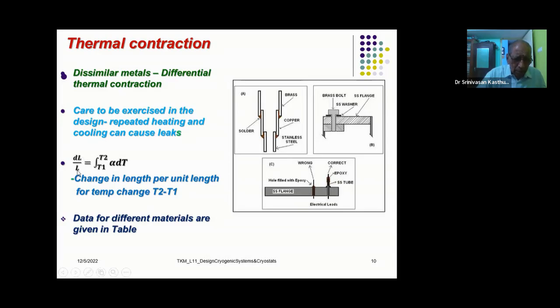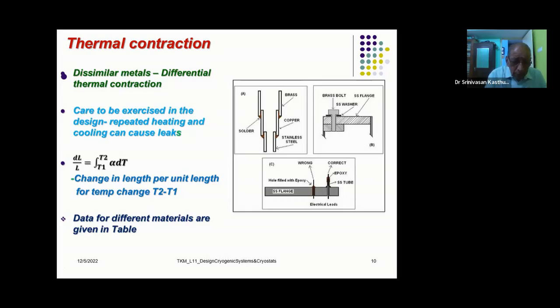So, in other words, dL by L is given for different temperature ranges, not just the value of alpha, but it is nothing but the integral from T1 to T2 of alpha dT. Alpha is your thermal contraction coefficient or thermal expansion coefficient. And if you integrate it, you get the overall thermal contraction over a temperature range, right?